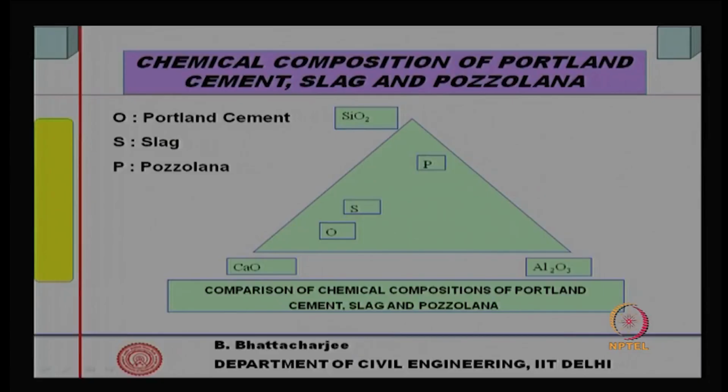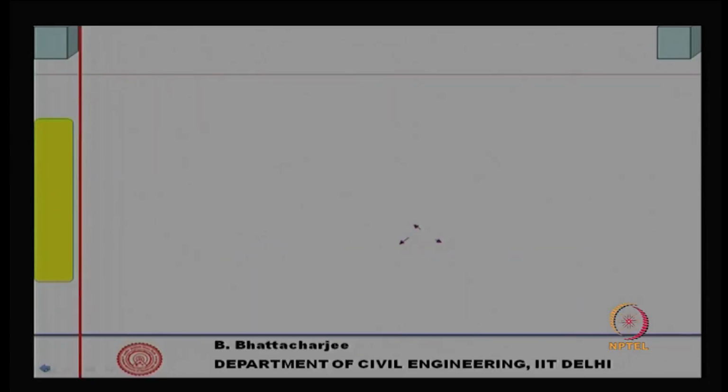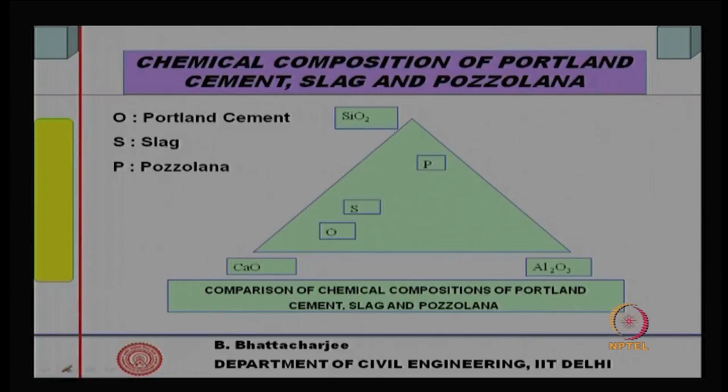For OPC, calcium oxide is around 60%, with a very small quantity of Al2O3 and a relatively small quantity of SiO2. CaO 100% is here, 100% Al2O3 is here and 100% SiO2 is here. So, you can see that OPC has high CaO, a small quantity of SiO2 and a small quantity of Al2O3.